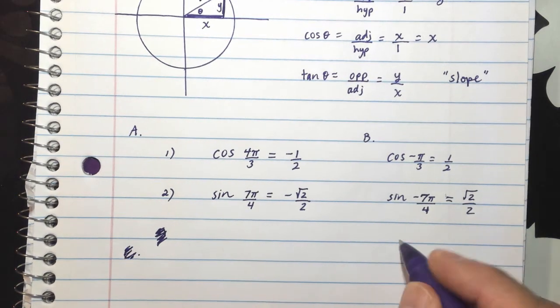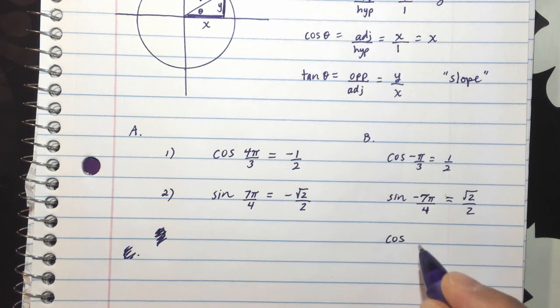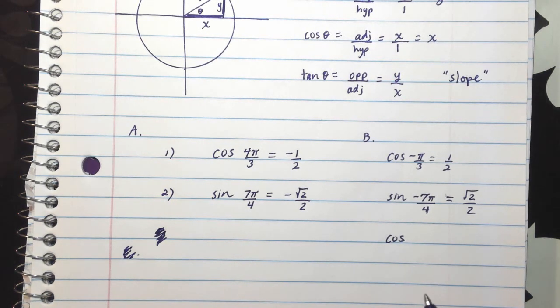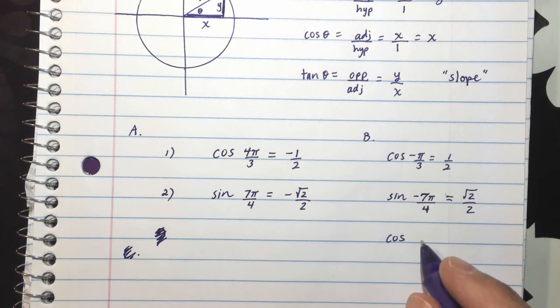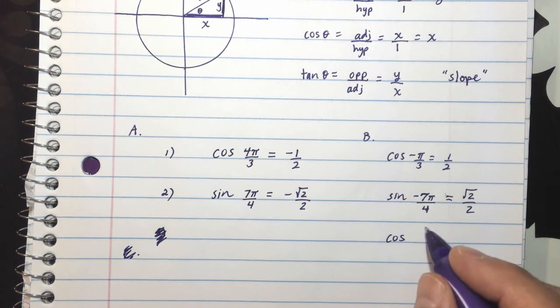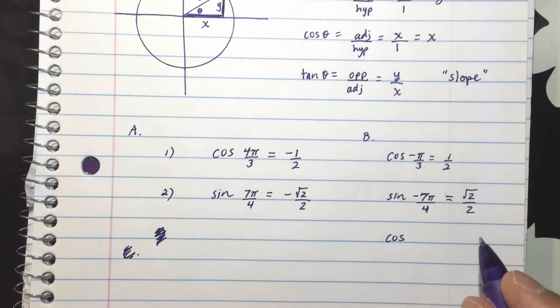We also give you some problems that are over 360 degrees or over 2 pi. I do give you a hint though. No, I'm going to let you guys try it.